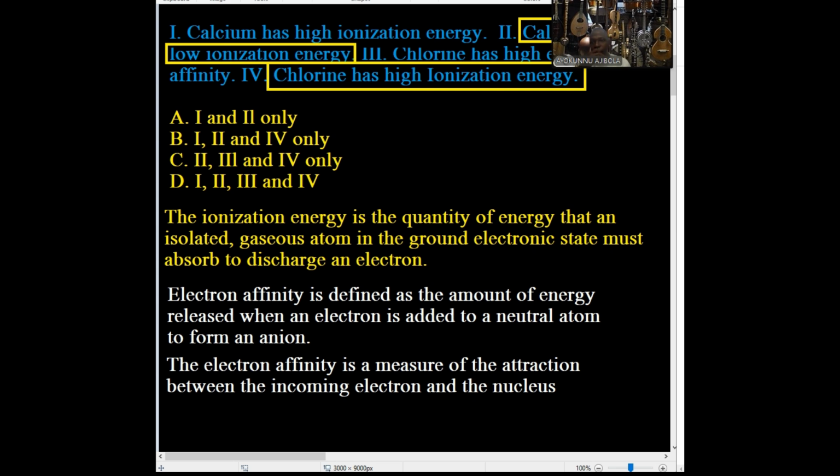In chlorine, the electron affinity is going to be high because chlorine is positioned to always want to hijack an electron, because it wants to balance or form the octet state. Is that clear?